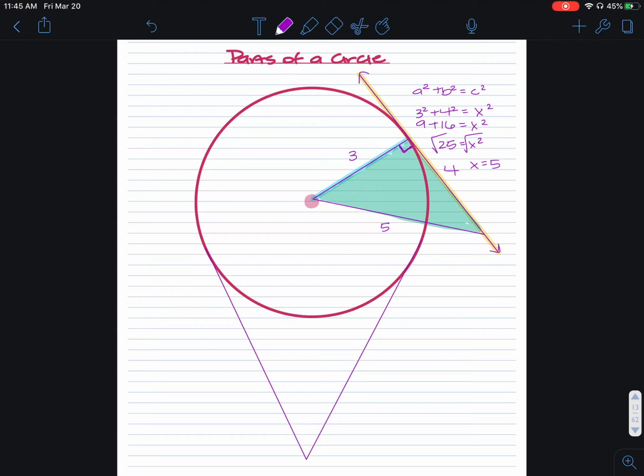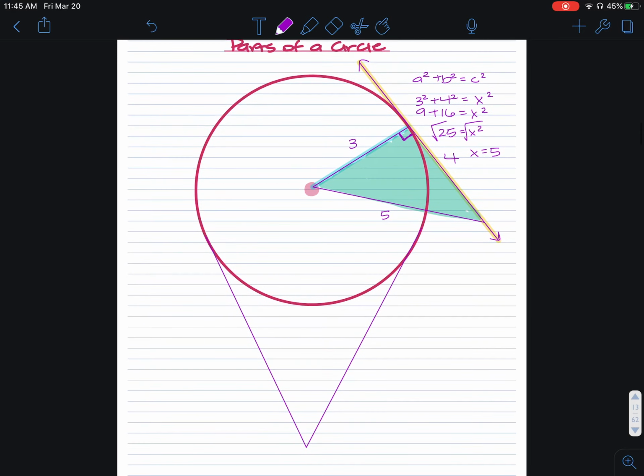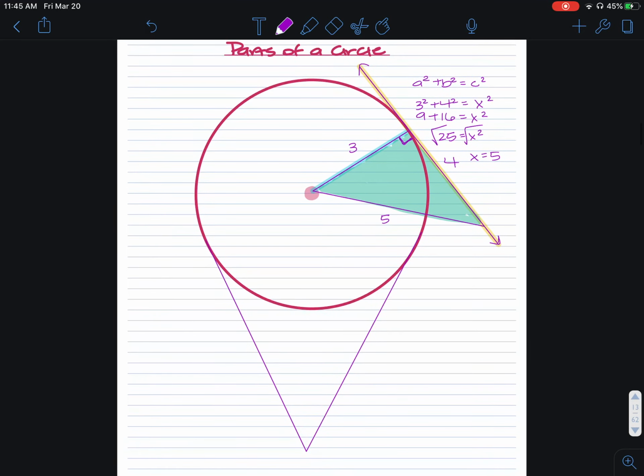That's how we solve some parts of a triangle, using properties of tangents. All right, that's one way to use properties of a tangent. All right, I'm going to erase all this stuff.